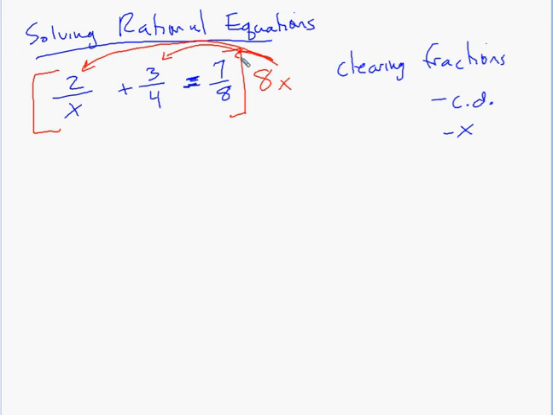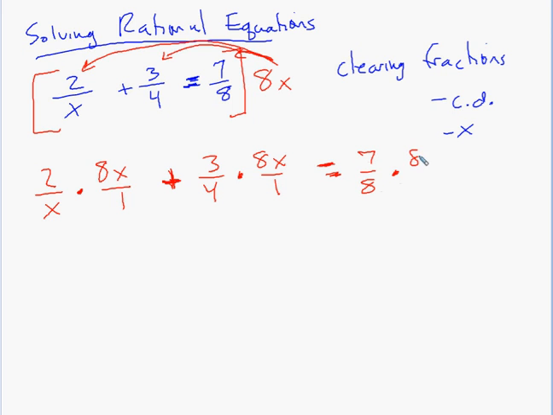So I distribute that. I have 2 over x times, because I'm distributing this, 8 over x. Plus, you wouldn't necessarily have to show all this work, but plus 3/4 times 8x over 1 equals 7/8 times 8x over 1.